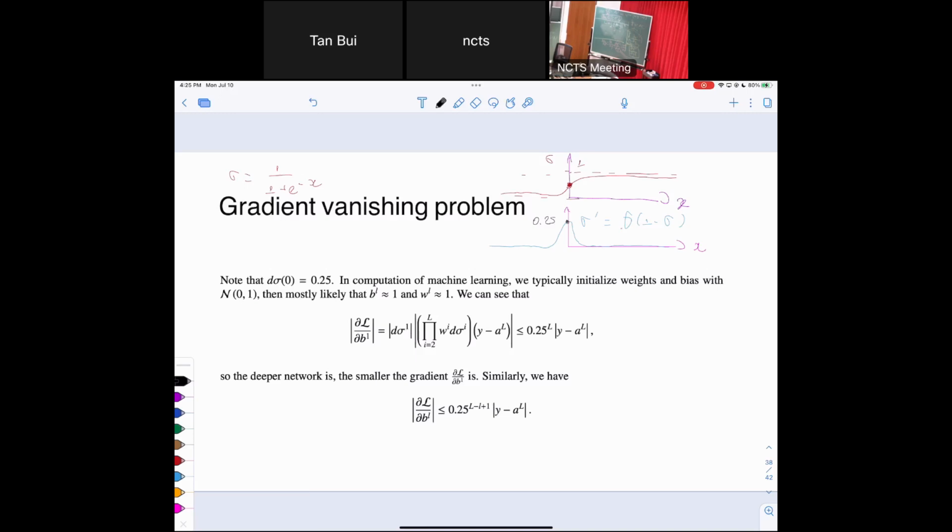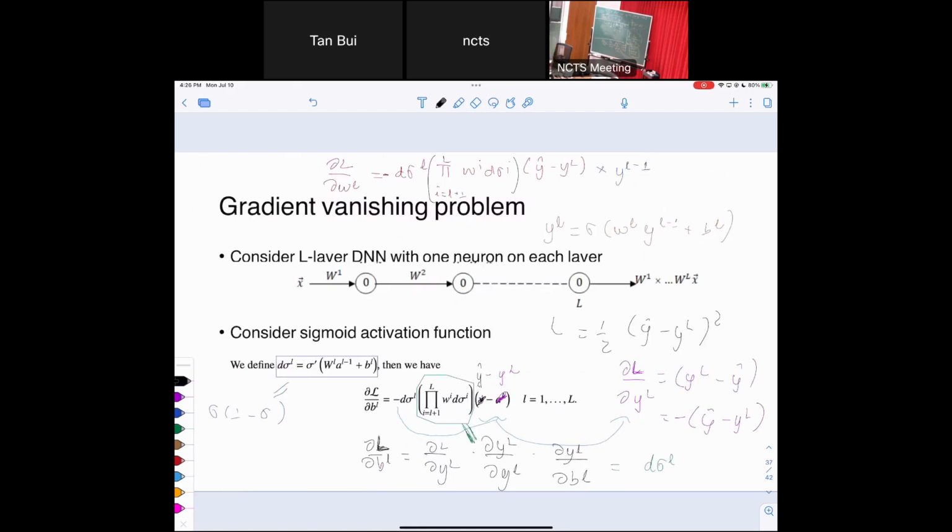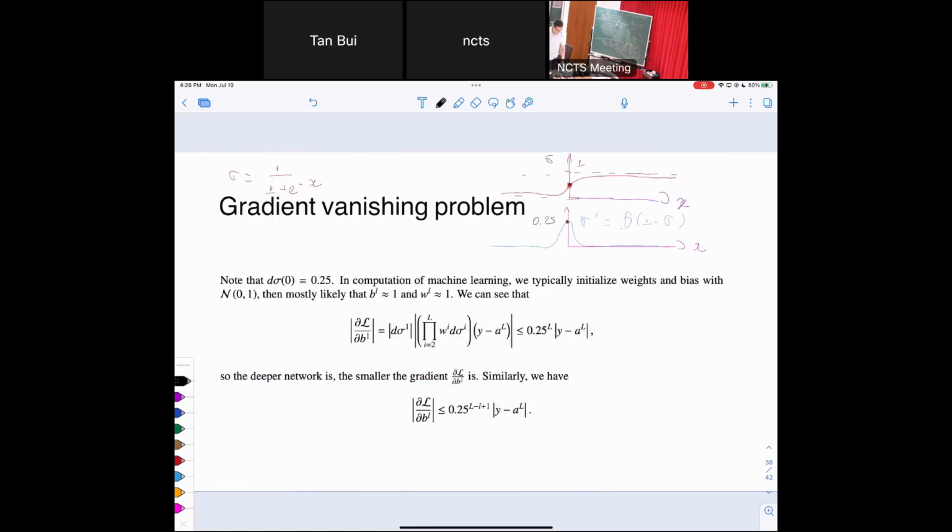The larger the L is, the smaller the derivative with respect to the weight, because the weight has the same term. So we have a smaller and smaller gradient as you move upstream.